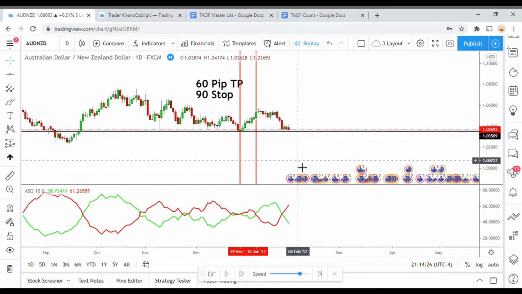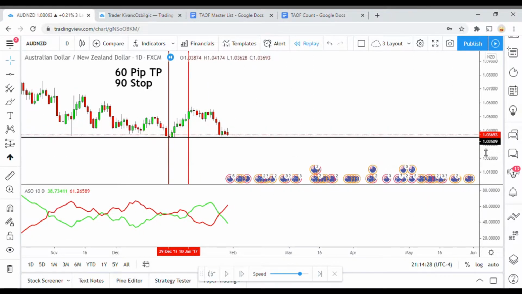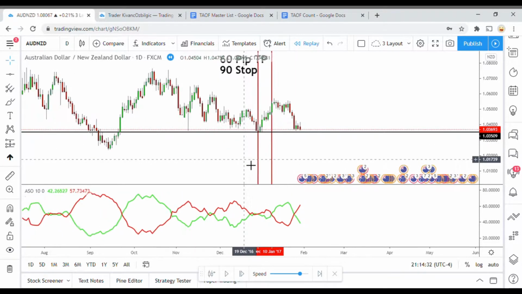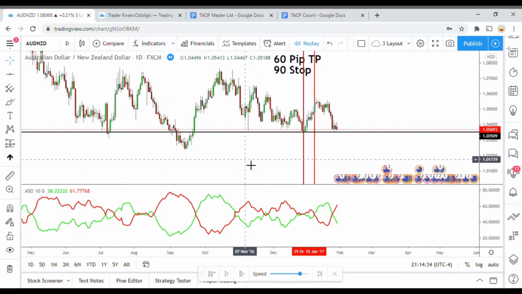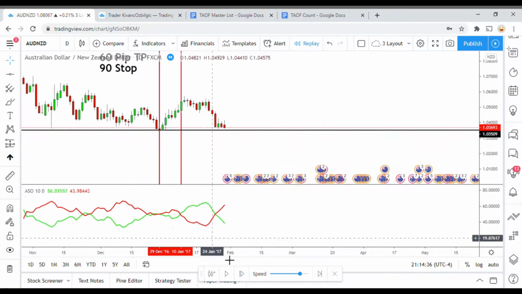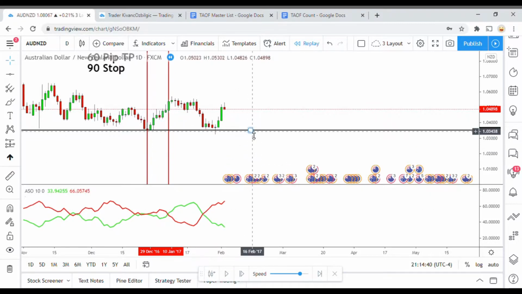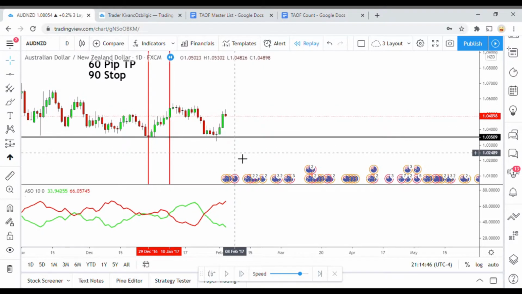It does appear to be running into a relatively significant line of support and resistance here, so that could cause it a lot of issues as far as continuing to go down. But we'll see what happens. Play it forward here.